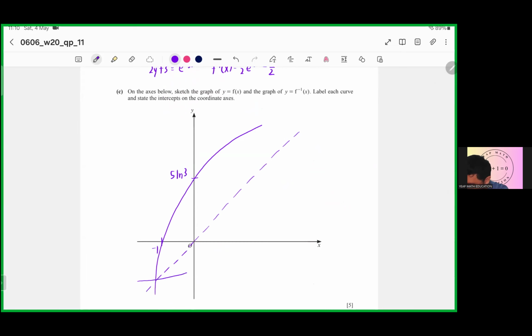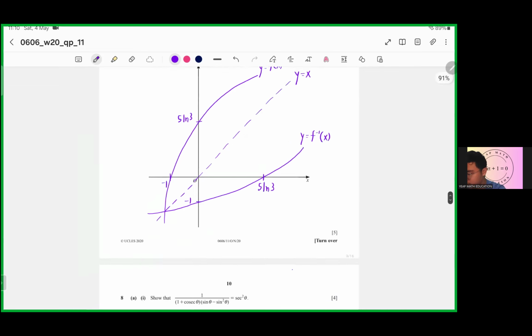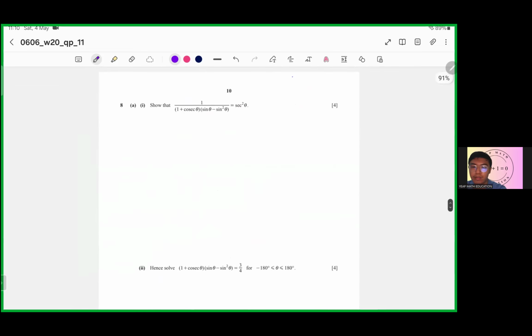Then here it will happen for the intercept. Make sure you label f(x) and the inverse also. Okay, now we have already finished this question. Now we look at the next question.